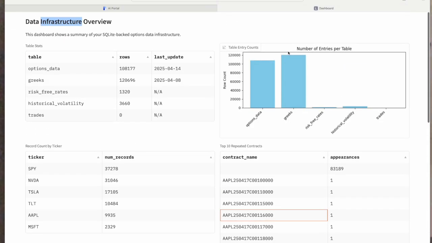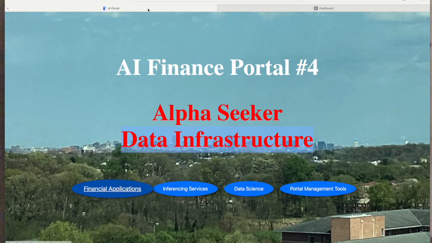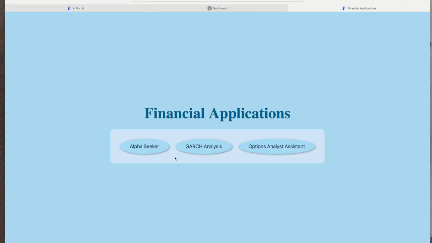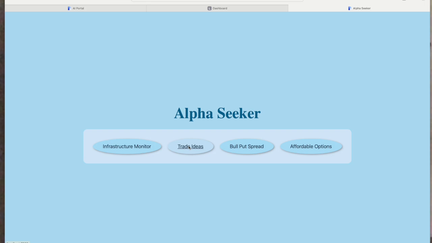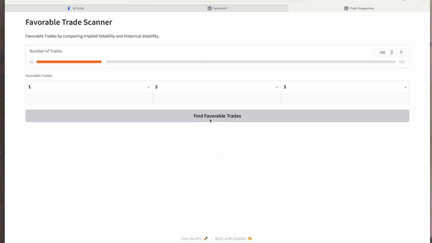Let's go back out here to Portal, go back in Alpha Seeker here. So let's look at some trade ideas. We're going to dig into our database of 100,000 options, and we're going to look at the implied volatility and historical volatility, and we're going to ask it to give us 100 trades there. Find favorable trades.